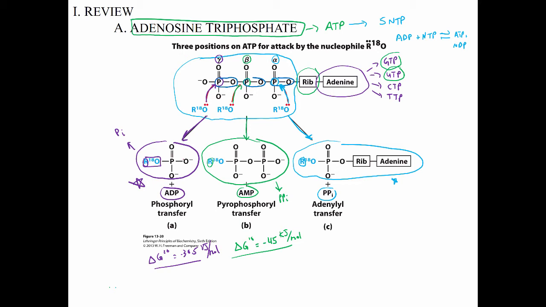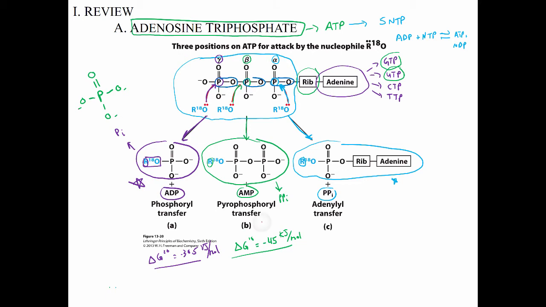This inorganic phosphate, so let me draw it here. I'll draw it in purple, or green, I guess. Inorganic phosphate here is often drawn like this, where it's got this double bond, and then it's got negative charges on these oxygen atoms.